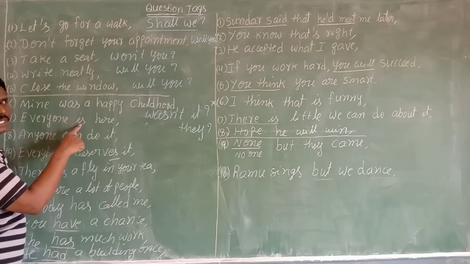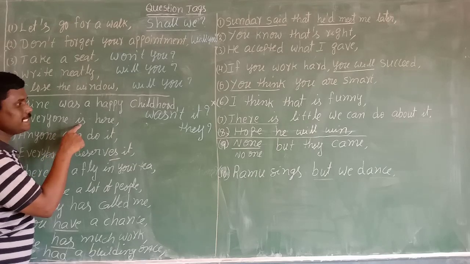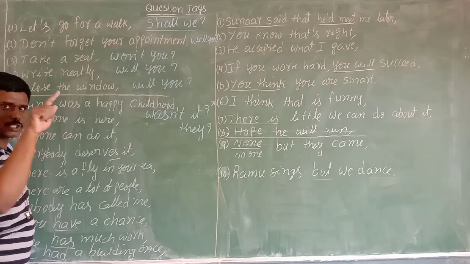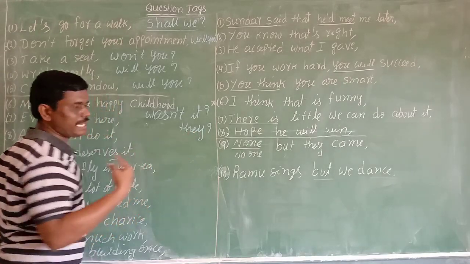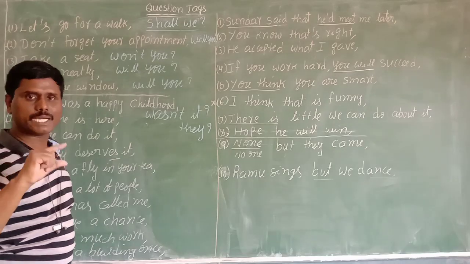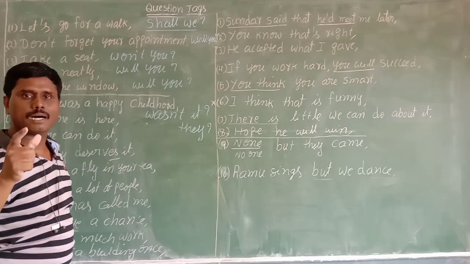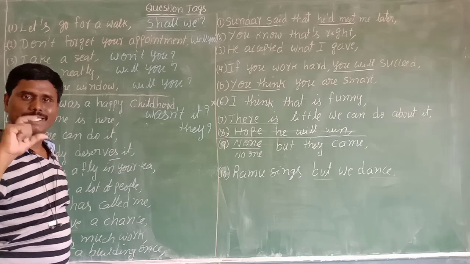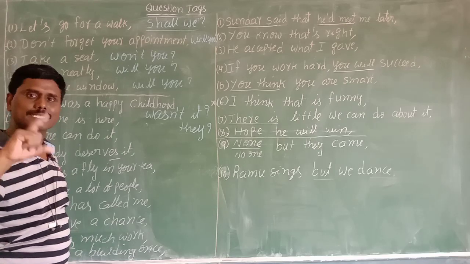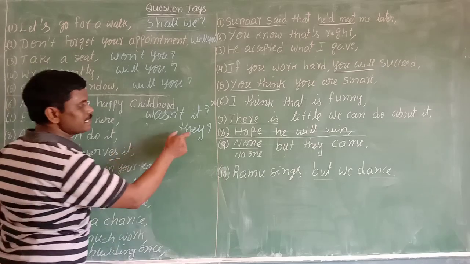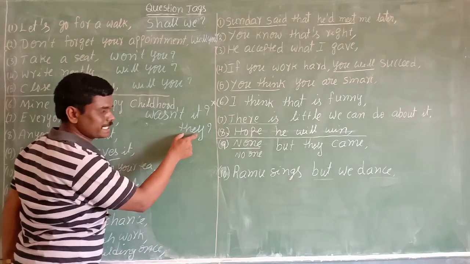No. So generally, what can be the answer? You think isn't, but that is wrong. Because, friends, with they we use are, just as I am, we are, you are, he is, she is, it is, they are. So here we used they in the question tag.